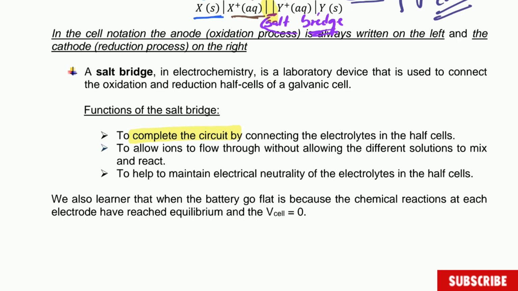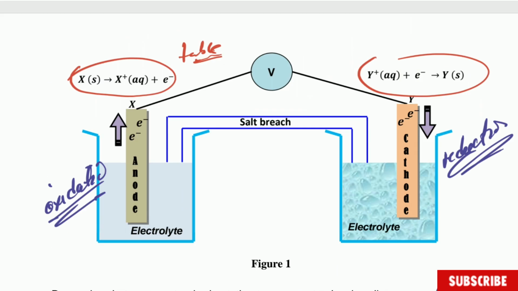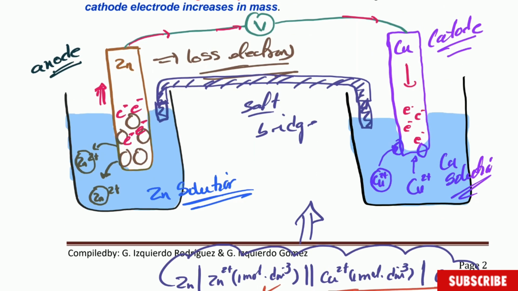So now what is happening? Allow ions to flow through. Remember, I said there is an electrolyte of a different type of ion. This one here will be increasing in positive. You can see that you are adding positive ion to the solution all the time. So this zinc solution will become more positive. So negative ions from here will flow into the solution, in this direction.